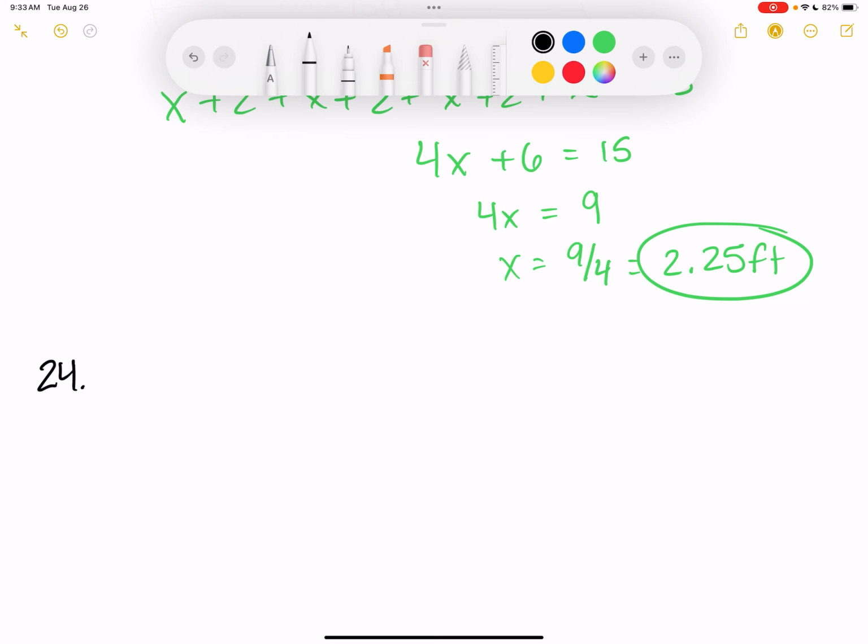A recent Daytona 500 race was won by Dale Earnhardt Jr., so obviously that was a little while ago. He completed the 500-mile race in 3.2 hours. What was his average racing speed? Okay, so the distance is 500 miles. If you've never watched NASCAR or even if you do, maybe you don't know this, but whatever the number is, the Daytona 500 says it's 500 miles.